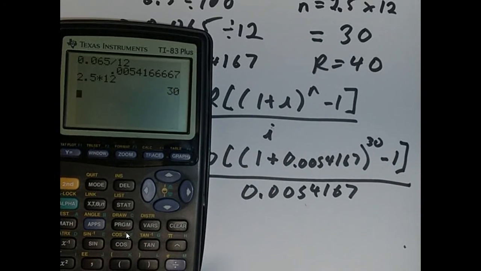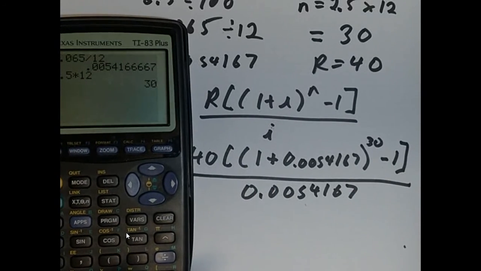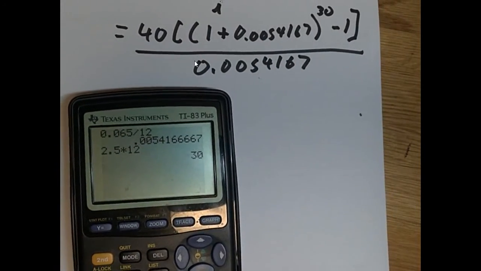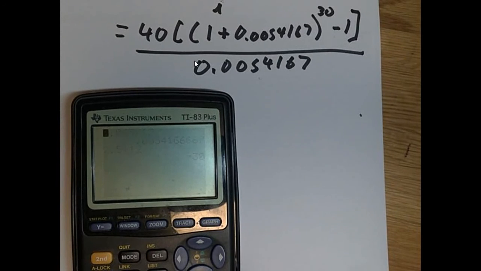Hopefully you can see the numbers there. Maybe I'll put it right underneath. I'll drag this up too far, and so you can see me type it all in. I'll clear that.